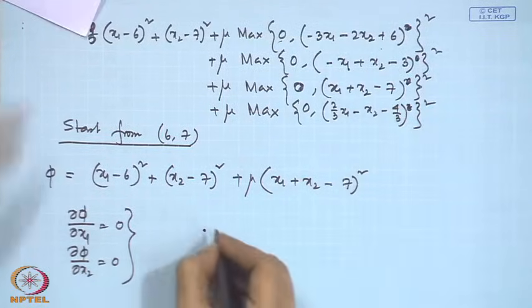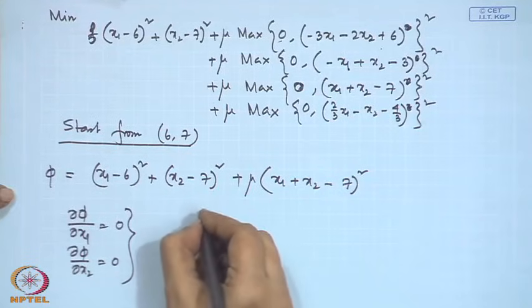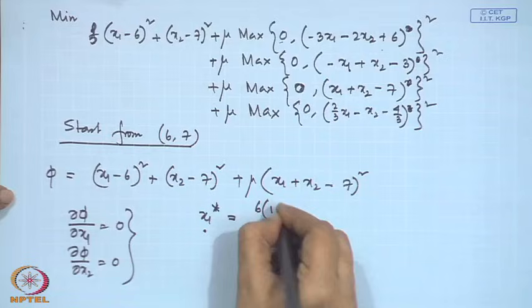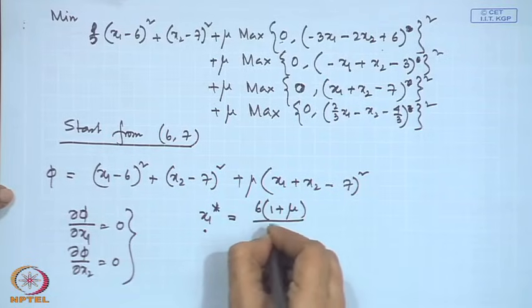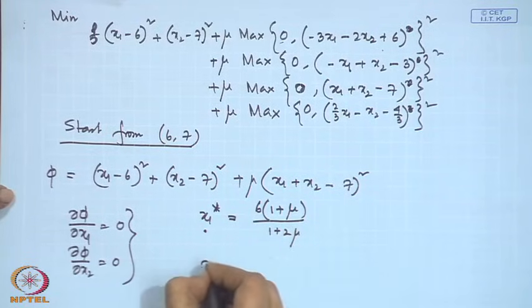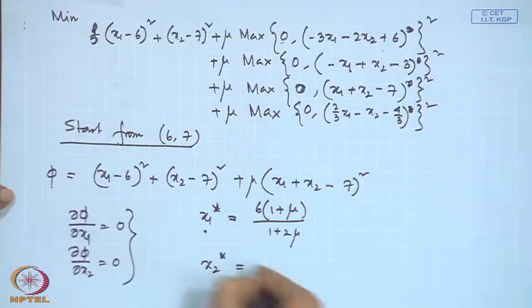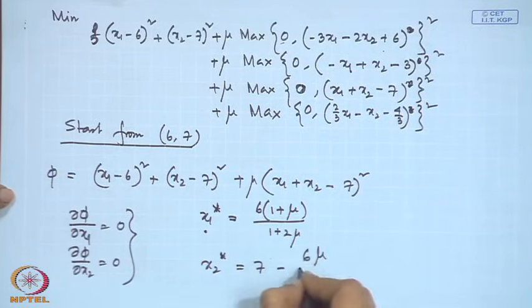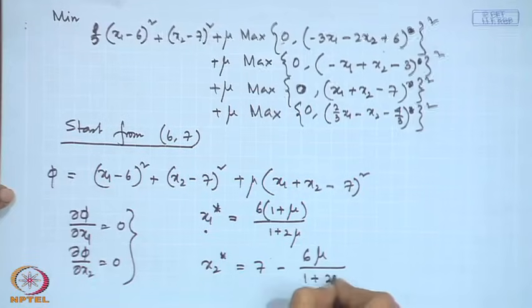If we equate to 0, we will get x1 star equal to (6 plus mu) divided by (1 plus 2 mu). x2 star is equal to 7 minus 6 mu divided by (1 plus 2 mu).